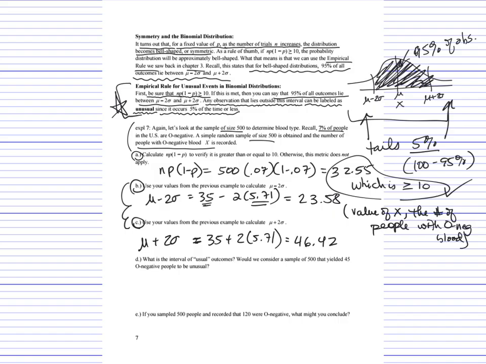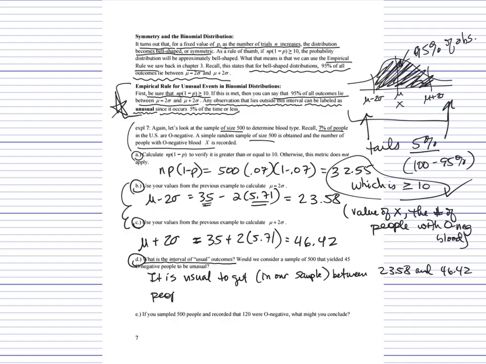Now, part D helps us visualize what's going on. What is the interval of usual outcomes? So, it is usual to get in our sample between 23.58 and 46.42 people with O negative blood.